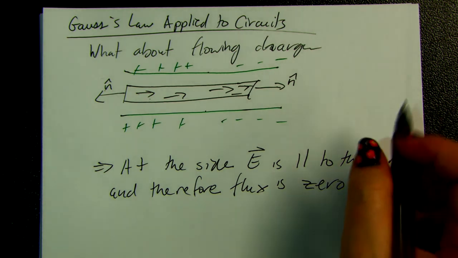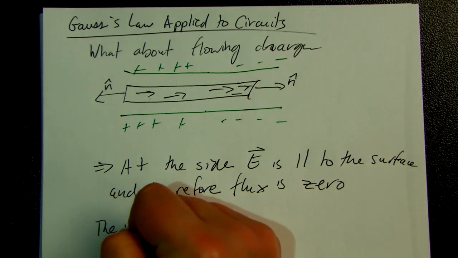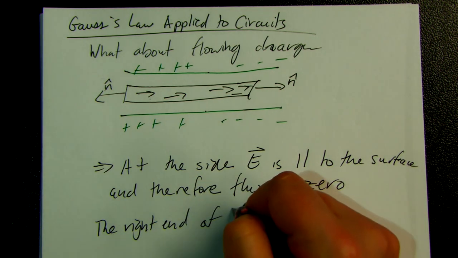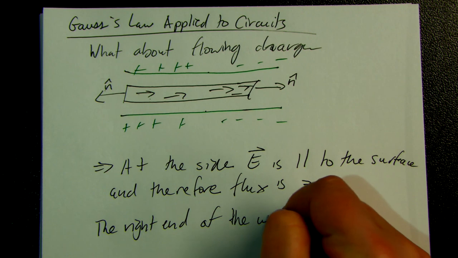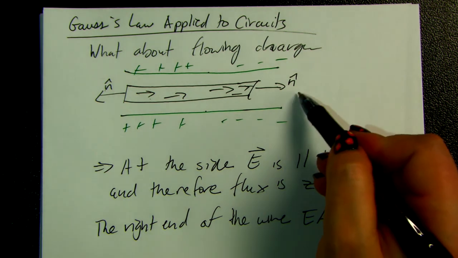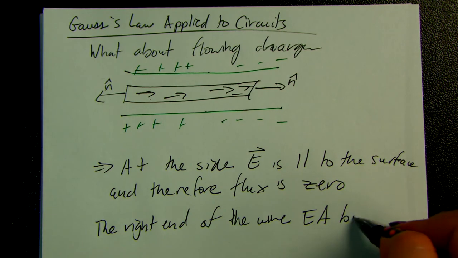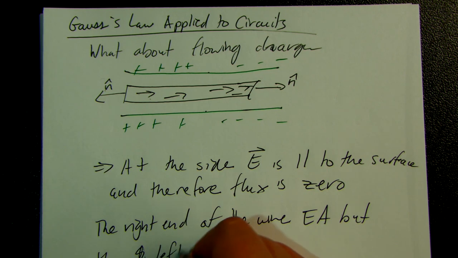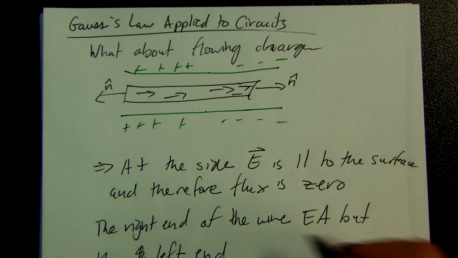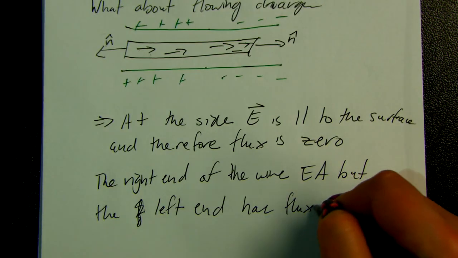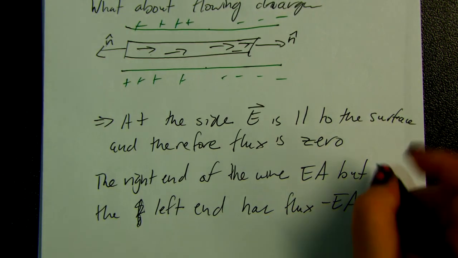Now, what you can see here is the right end would have flux EA right here, but the left end has flux minus EA.